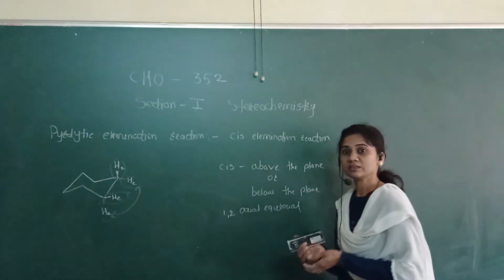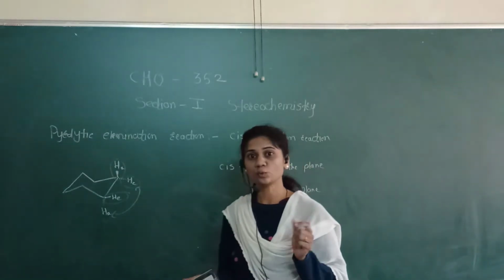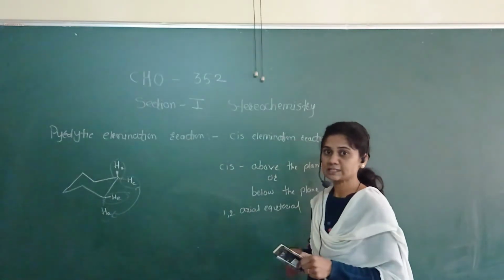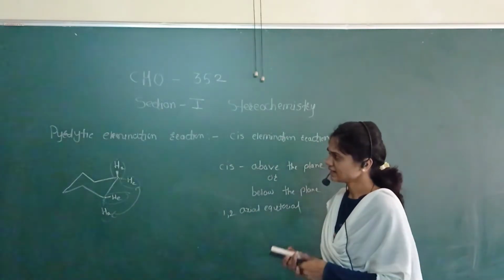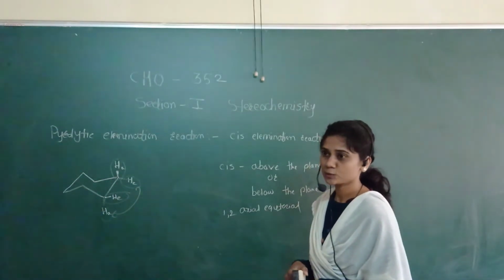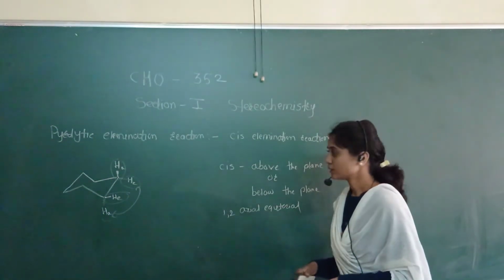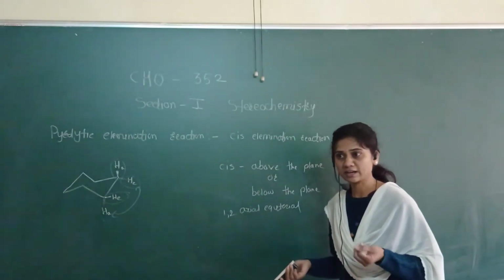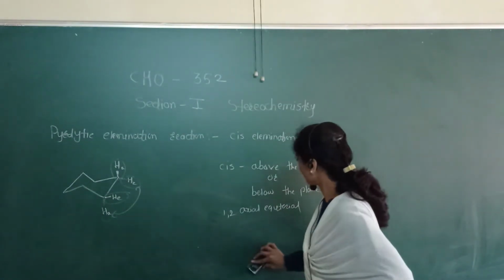Now, suppose I am taking some examples of pyrolytic elimination reaction. Our stereochemical requirement is that the eliminating atoms or groups must be cis to each other. The eliminating group may be xanthates, some amines, tertiary amine, or an acetate group.